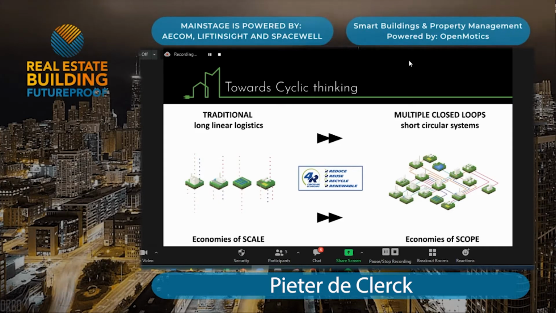There the focus lies on the lower average total costs of the production in a variety of goods. So we actually have a multitude of closed loops. What we need to do is reduce energy consumption, reuse whatever we can. And if we can't reuse it, let's recycle it. And preferably, we only use renewable energy sources within these loops.